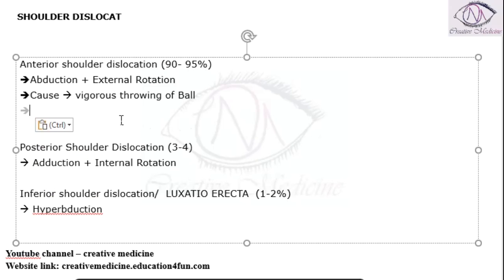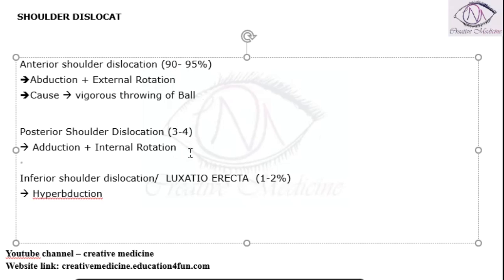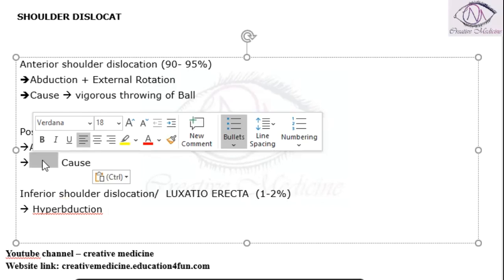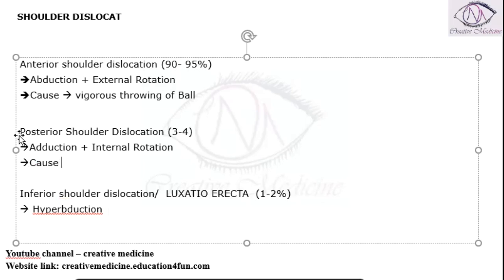Anterior shoulder dislocation is very painful, and the patient develops a highly painful lesion, whereas posterior shoulder dislocations are painless or minimally painful.